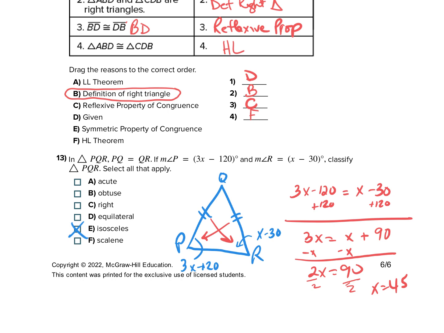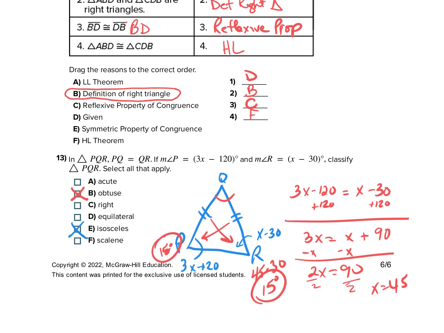But don't make the mistake of thinking that's the angle measure. Okay. I have to plug 45 in for x, making angle R 45 minus 30, so that's 15 degrees. Now, both angles are congruent, P and R, so this is also 15 degrees. Okay, which means angle Q is obtuse.